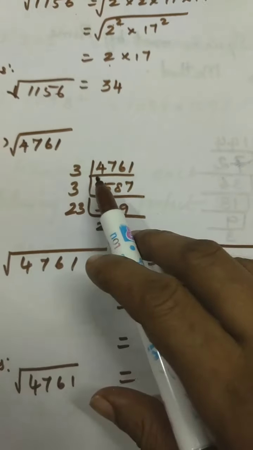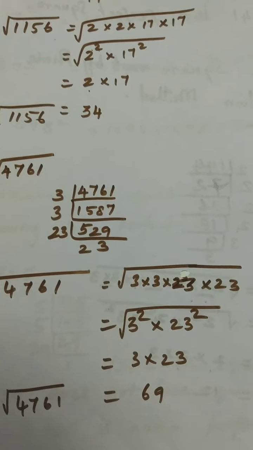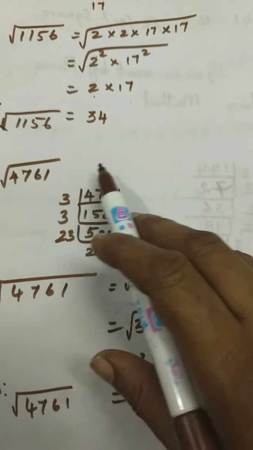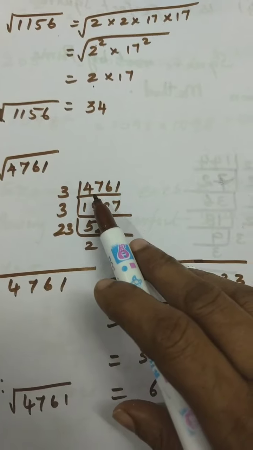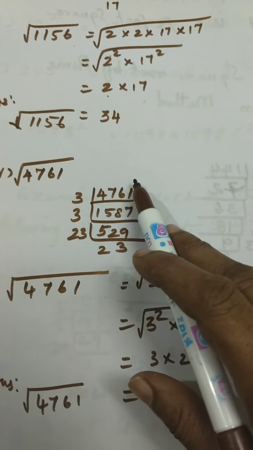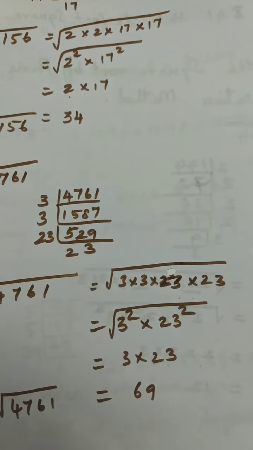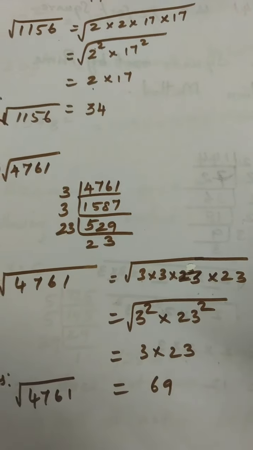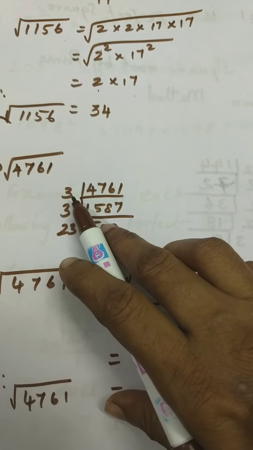Yes. And 18 means 8 plus 1, 9. 9 is in 3 table. So this number is divisible by 3, that we have studied in the lower classes. Yes. Now we shall apply that here.